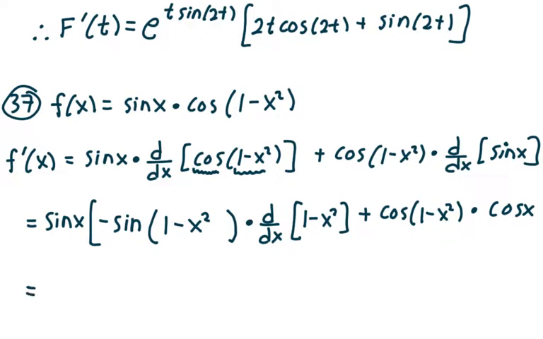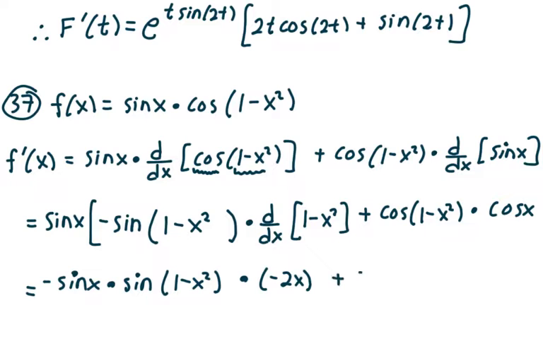And so this is negative sine x times sine of 1 minus x squared times the derivative of 1 minus x squared with respect to x, which is negative 2x. And then I'm going to add cosine x times cosine of 1 minus x squared. So I hope you don't mind, I just swapped places.